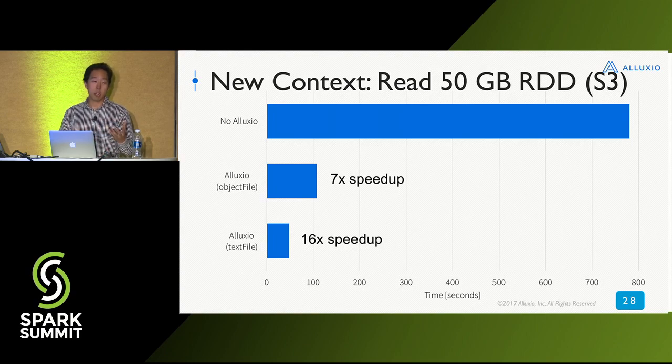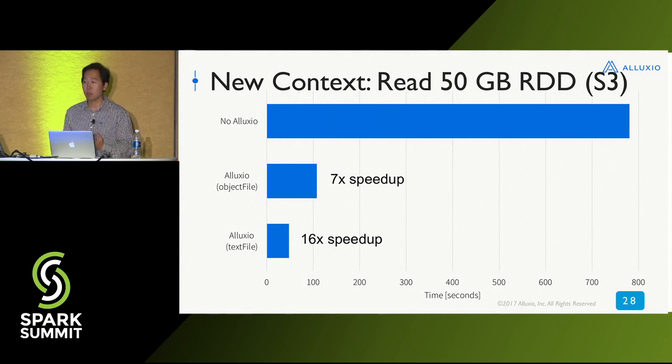Next, we did a similar experiment with a 50 gigabyte RDD, but this RDD was actually in S3, and we were simulating what happens when you have to create a new Spark context or a new Spark job. So this is a new context experiment where we want to read that RDD from S3 using a new context.